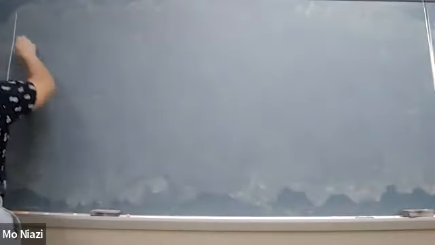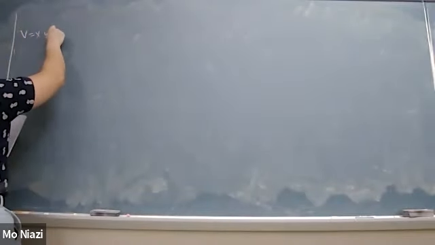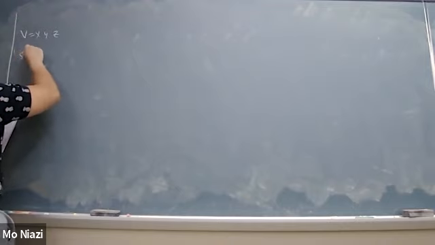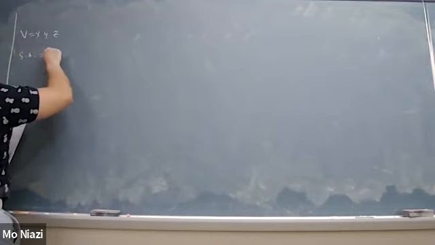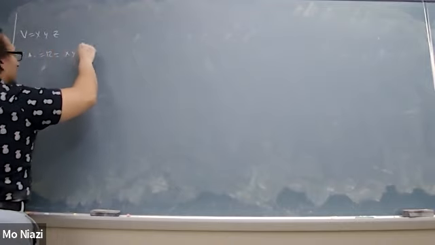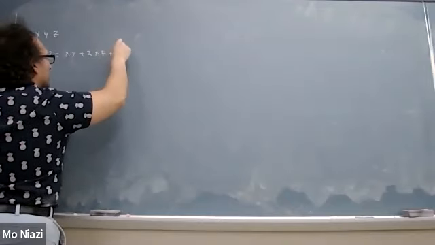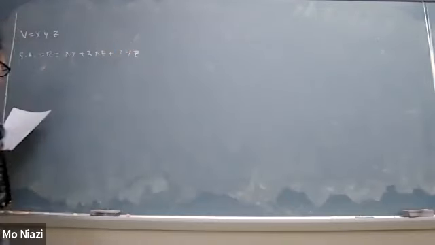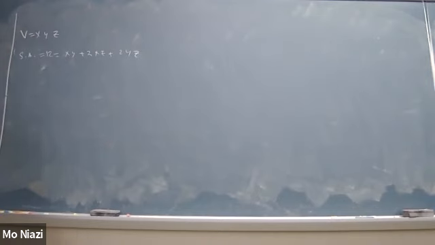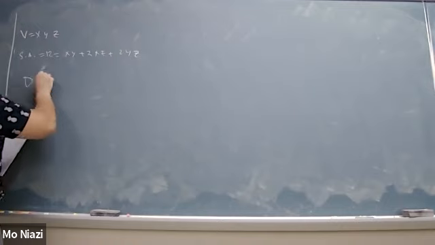So again, we want to optimize the volume with the constraint equation of the surface area. Let's say it's equal to 12, which is equal to xy plus 2xz plus 2yz. All right, so what is the gradient of the volume?